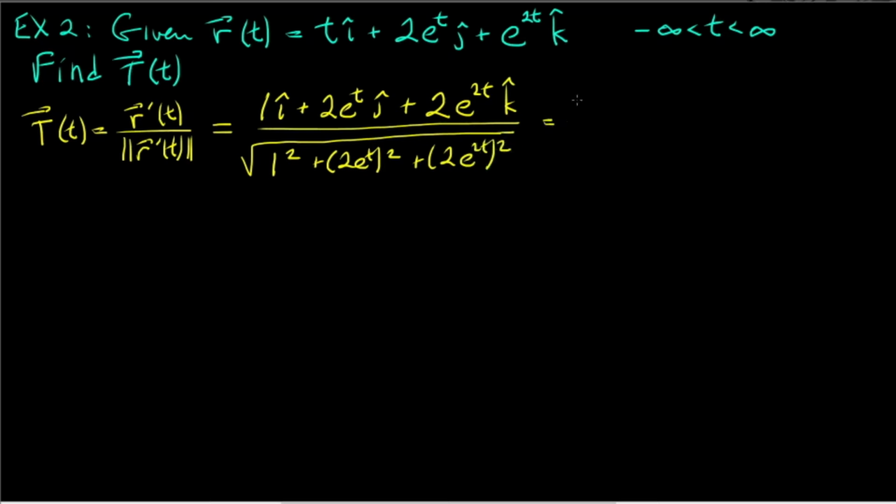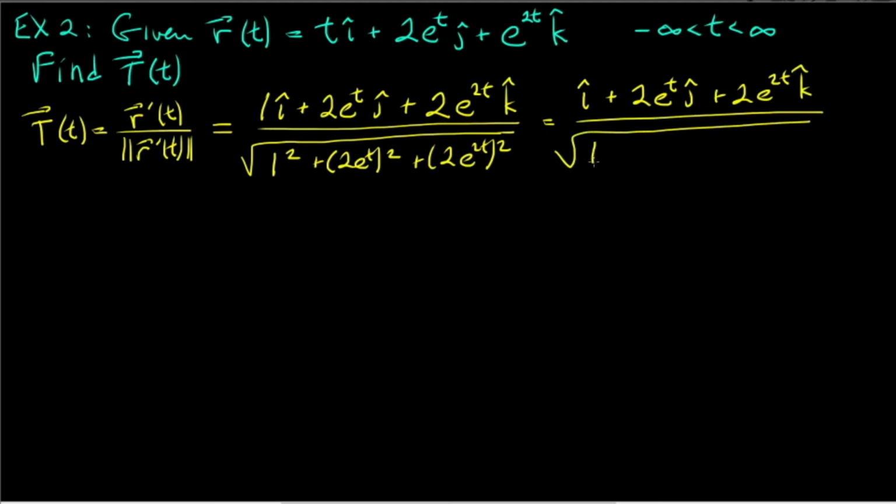And I think we can simplify that. Not the numerator so much, but the denominator. So I'll leave the numerator alone. And notice in the denominator, we're going to have the square root of 1 plus 4e to the 2t plus 4e to the 4t.